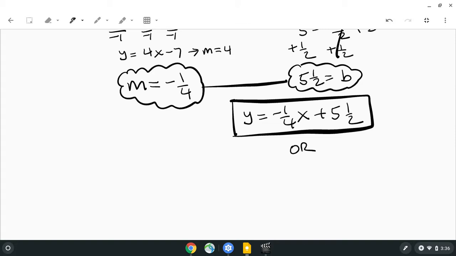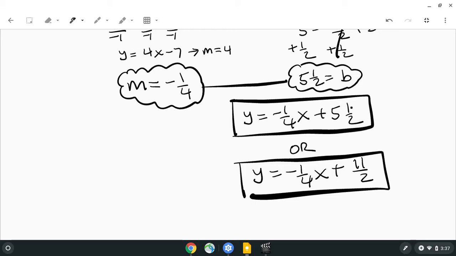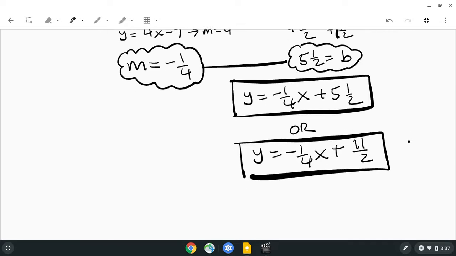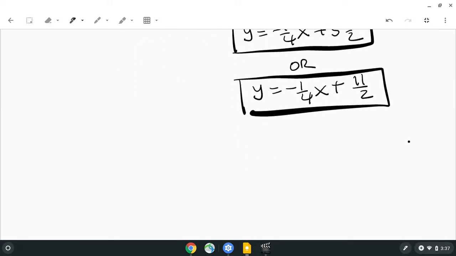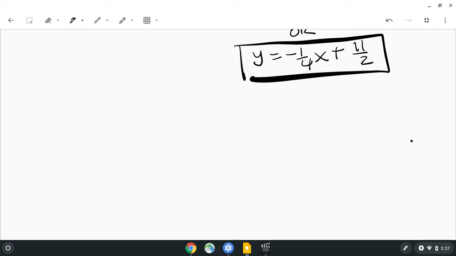You can write it like that. Or maybe they want this written as an improper fraction, not a mixed number. So 11 halves, okay? To get 11 halves, you do 2 times 5 plus 1 is 11. Denominator stays the same. Okay, so again, not sure what WebAssign will take. It might take both. Okay, let's take a look at another example.